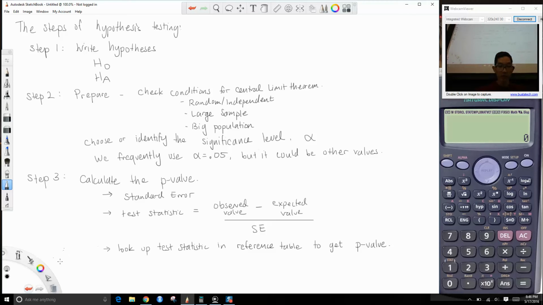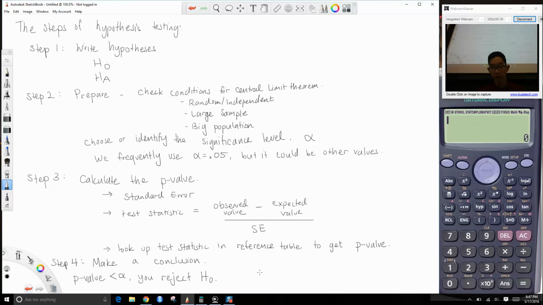Okay, and then lastly, for step 4, make your conclusion. And that is, if the p-value is small, specifically if the p-value is less than alpha, you will reject the null hypothesis.